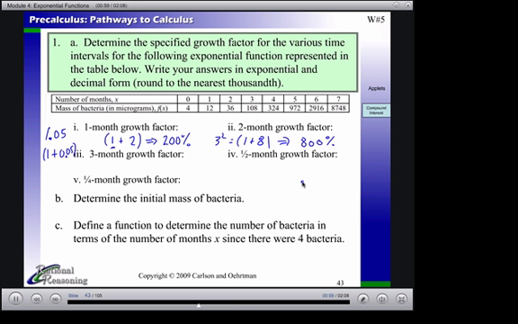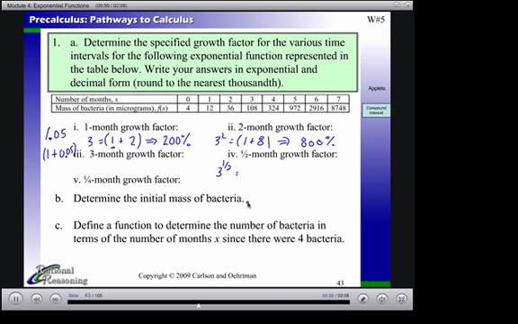Okay? So how about the 1/2 month percent change? Find the 1/2 month percent change. Go. What would the 1/2 month percent change be? Is it going to be 100%?